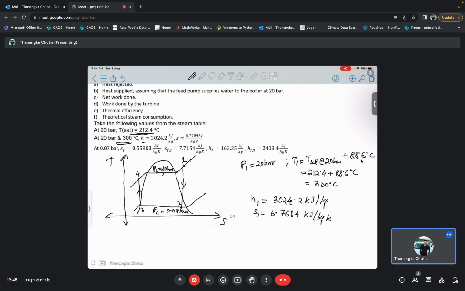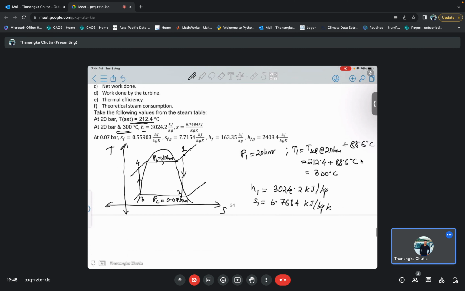What is H3? H3 is Hf at Pc, that is the condensate pressure, and this is nothing but 163.65 kilojoule per kg.